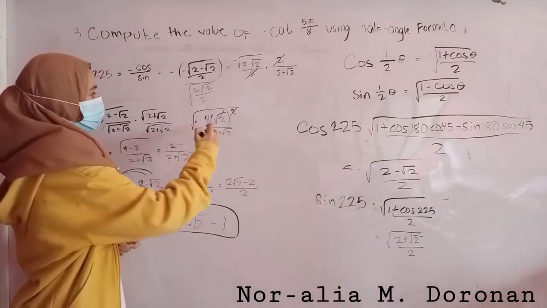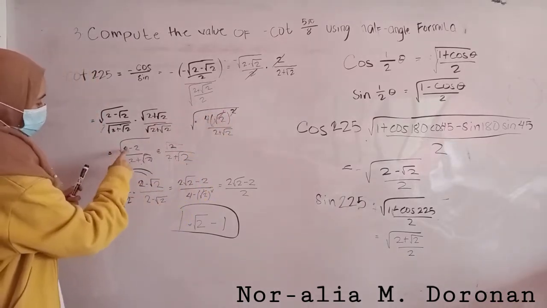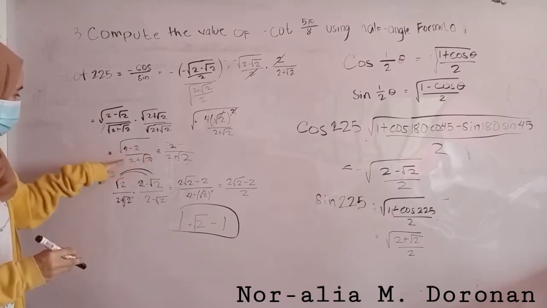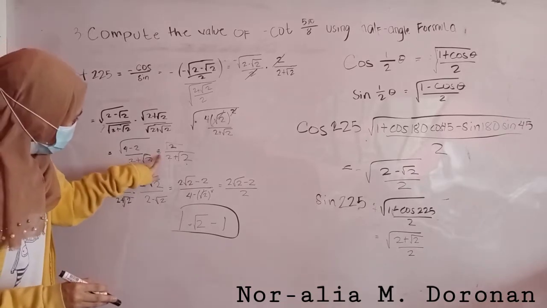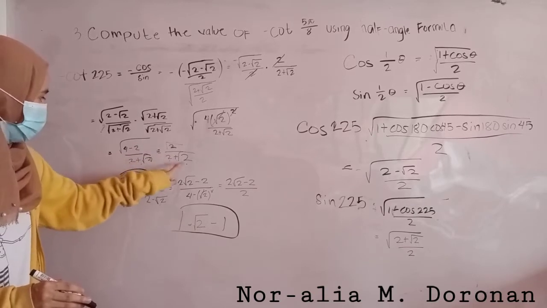What happens is it cancels. So it equals 4 minus the square root of 4 minus 2 over 2 plus square root of 2, which equals 2 square root of 2 over 2 plus square root of 2.